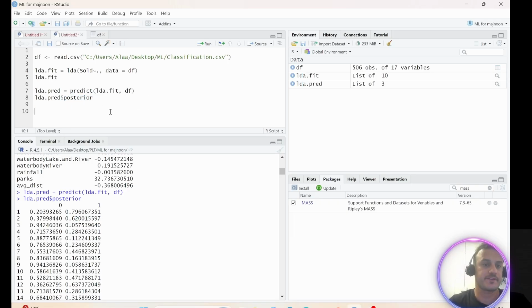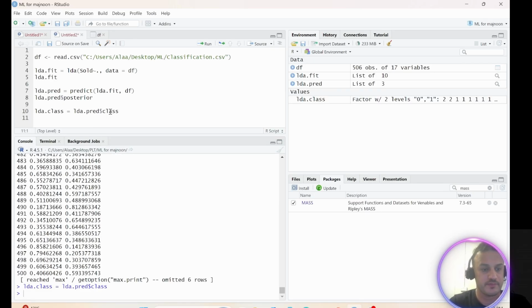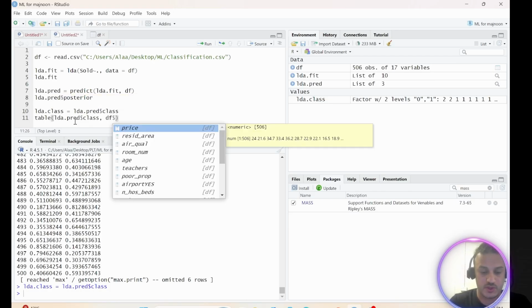Okay, and if we need to check the classes, LDA.class equals LDA.predict, I need the class. Run it, and now give me the table, same as what we did in the logistic regression. I need the LDA.predict class, my data is df, I need the sold column.